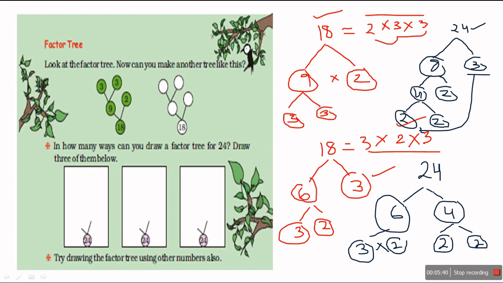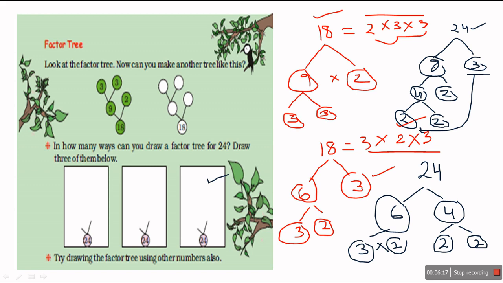Again these are prime numbers, so the branches will finish here only. So you will see 24 can be expressed as the product of 3 into 2 into 2 into 2, and the same result will come here. So there can be another method of making a factor tree for 24. You can try and comment how you will start there. Like we have started 6 times 4 is 24, 8 times 3 is 24. There will be one other method for 24. You can start and tell me in the comment box.